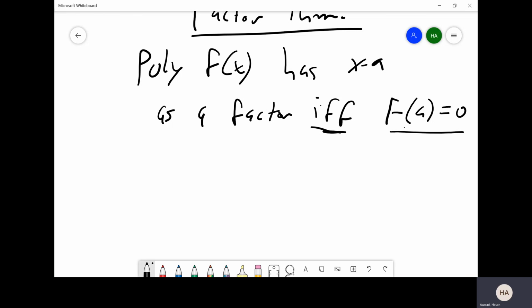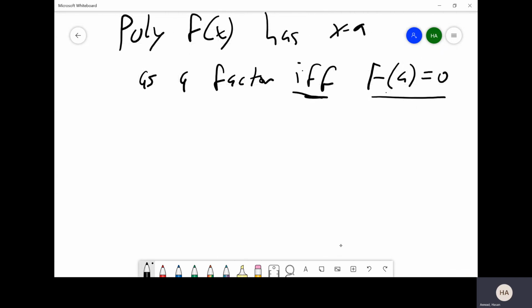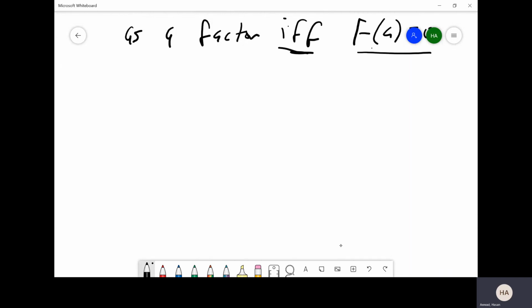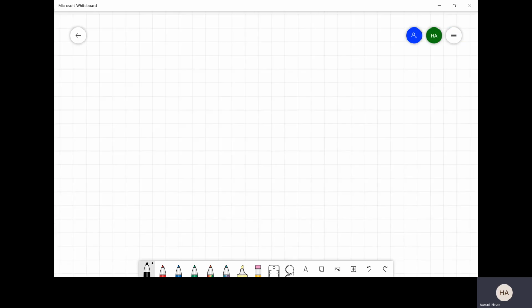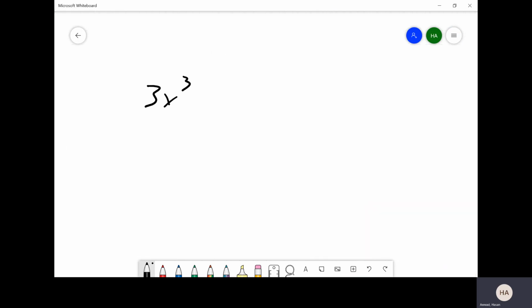So what I want to do is let's do an example here. I want to find all the solutions to the following equation, given that a solution is -2. So let's say we have 3x cubed minus x squared minus 20x minus 12 is equal to 0.